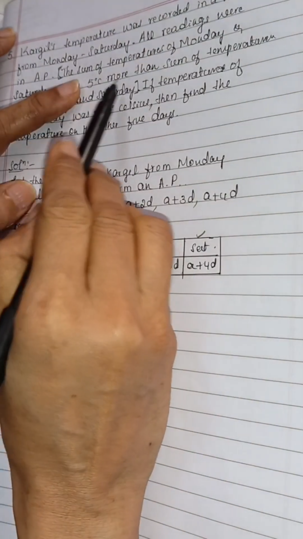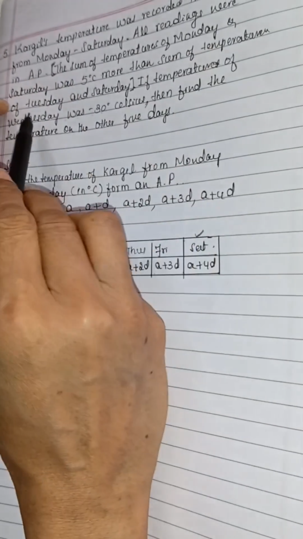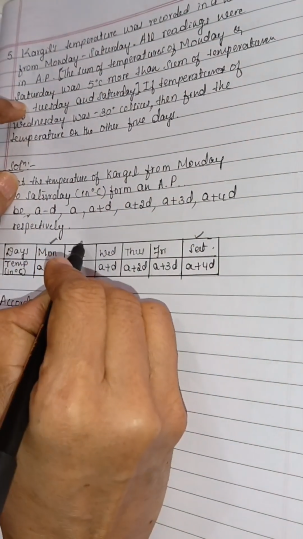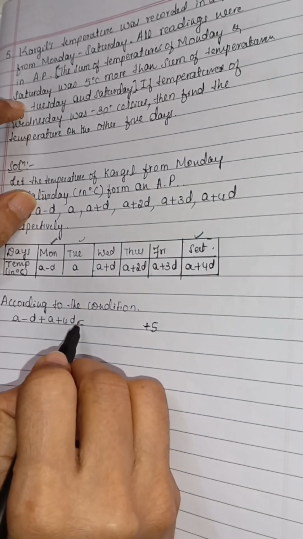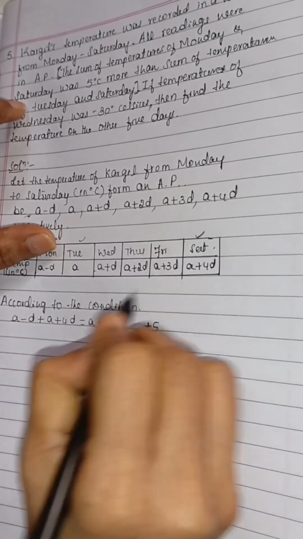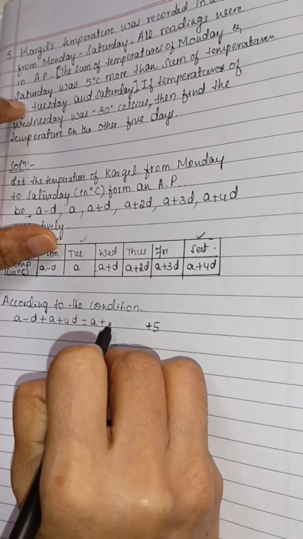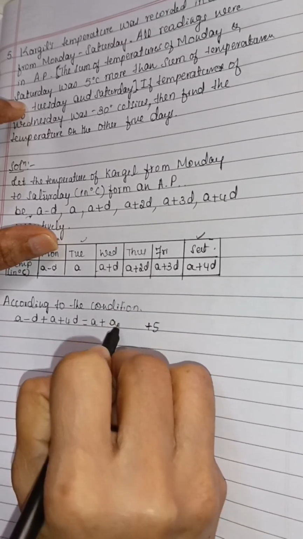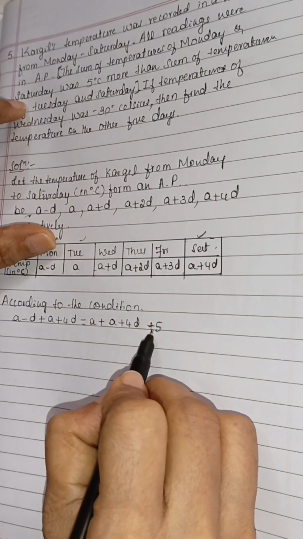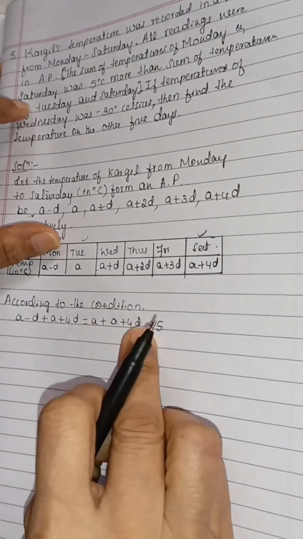More than the sum of temperatures of Tuesday and Saturday. This sum you have to write A plus Saturday, A plus 4D, more than this 5 degree. So we have got this.